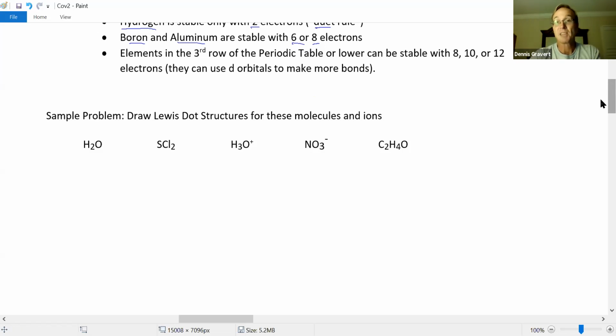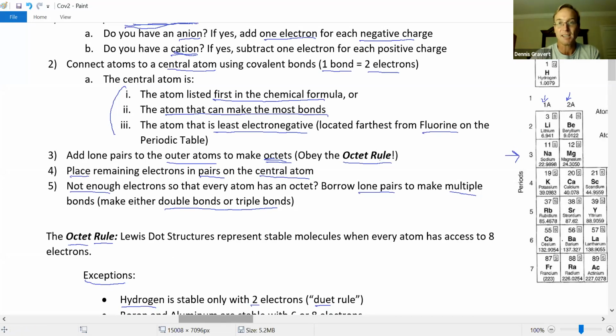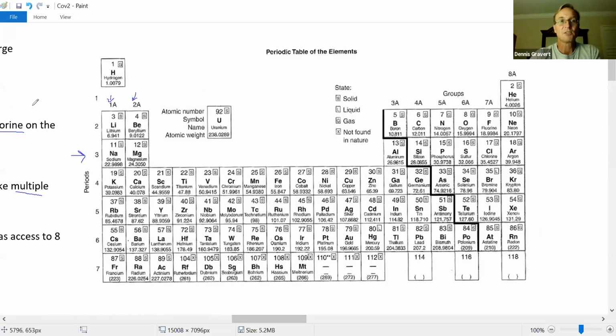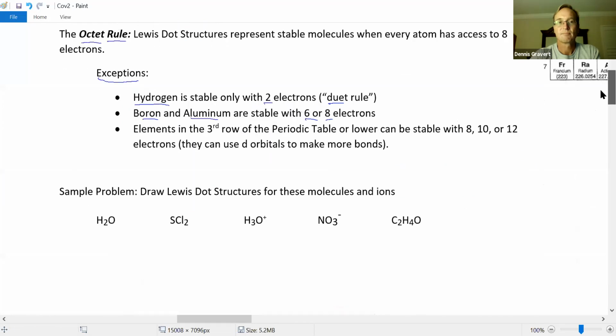Okay, step 1, count valence electrons. Use your handy dandy periodic table. Hydrogen is in column 1, so it has 1 dot. Oxygen is in column 6, 6 dots. So I'm counting them on step 1.